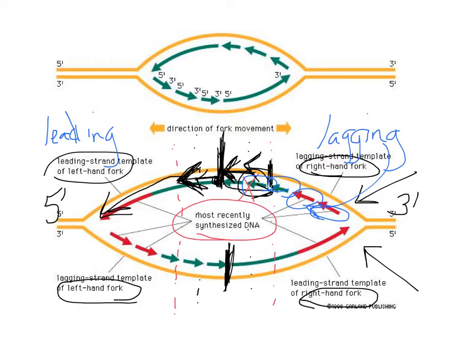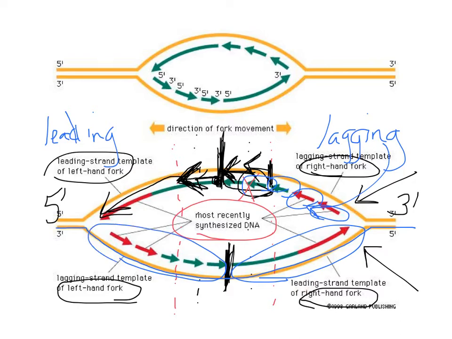On the same template strand, meaning this strand here, you can have both a leading and a lagging strand. Here, the leading strand would be this, the lagging strand would be here. So on the same template strand, you can have a leading and a lagging strand.